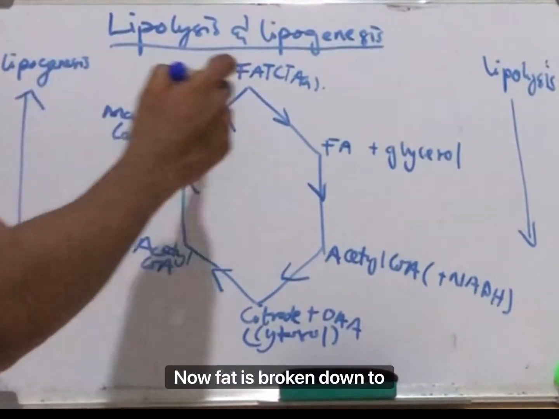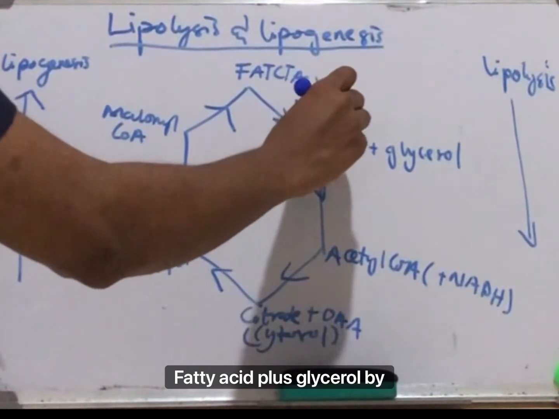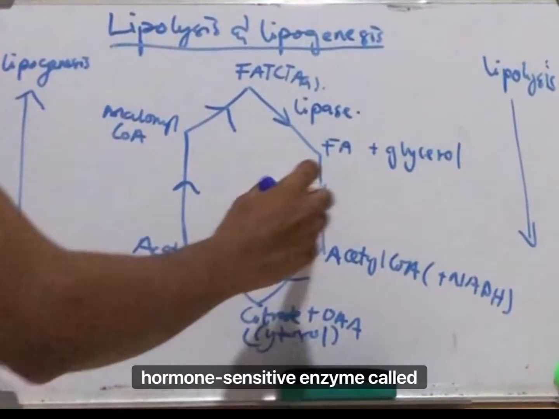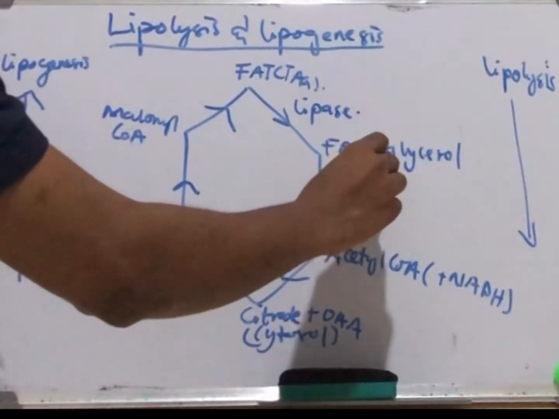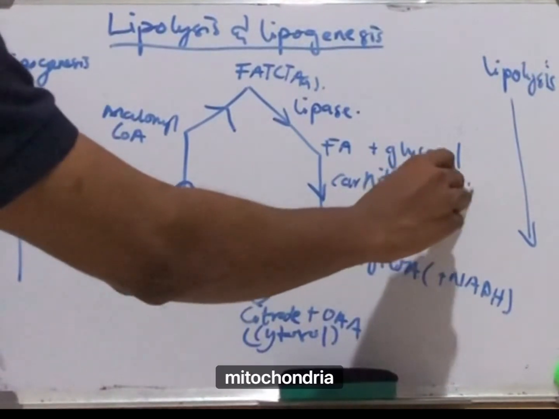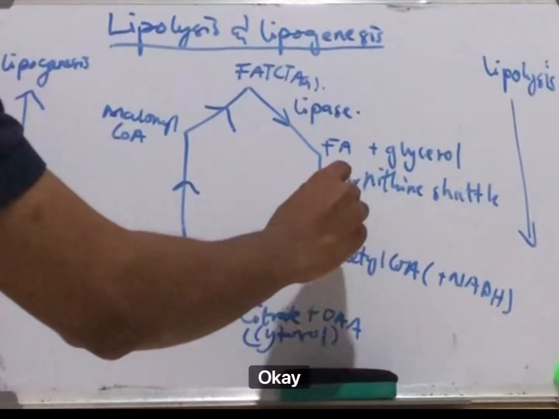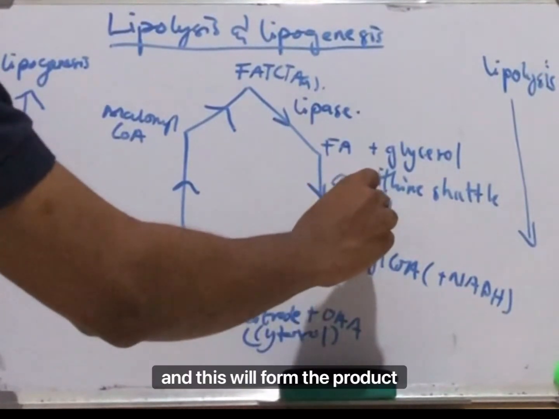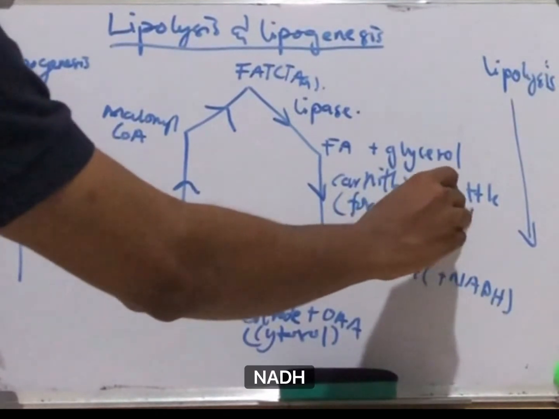Now, fat is broken down to fatty acid plus glycerol by a hormone-sensitive enzyme called lipase, and the fatty acid is shunted through the carnitine shuttle to the mitochondria for beta oxidation, and this will form the products acetyl-CoA plus NADH.